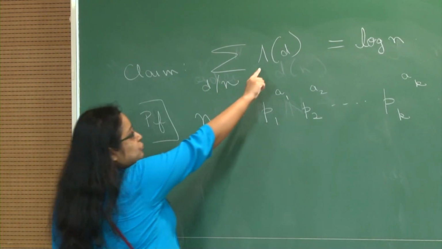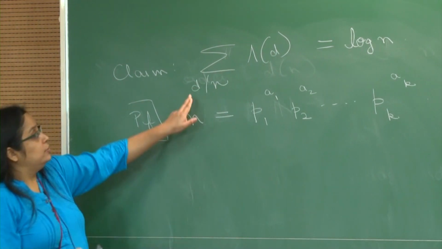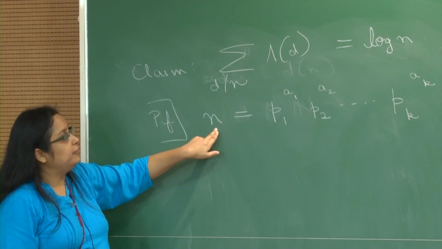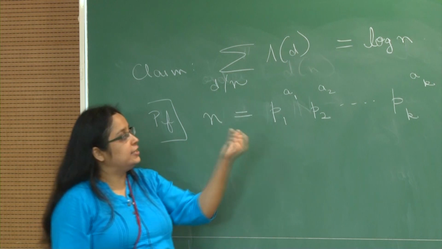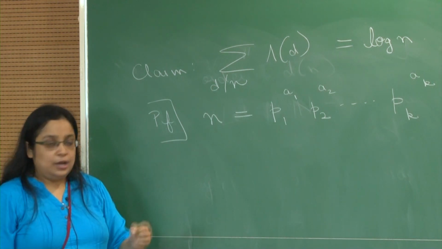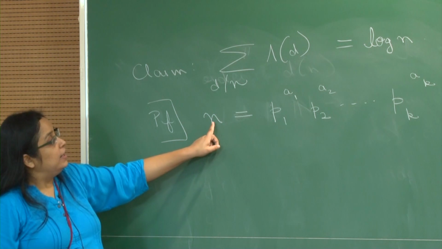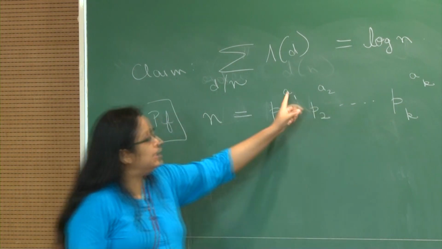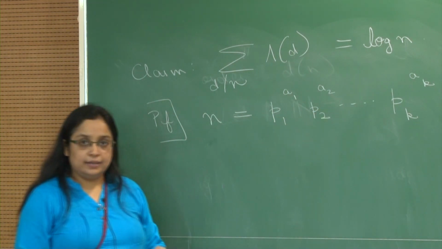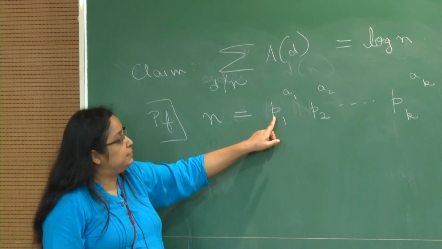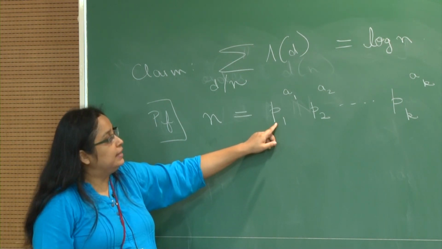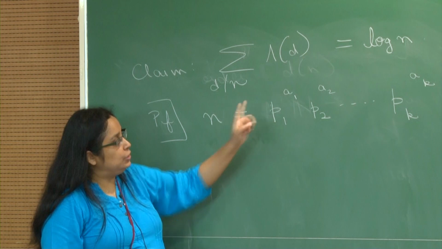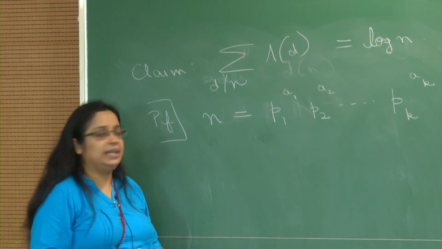Now, when you talk about lambda of d, suppose you have a divisor d of n. For which divisors of n will lambda of d actually pick up positive values? Only when d is of the form p raised to the a, where p is one of these primes and a is less than or equal to ai. For example, it will pick up a positive value log p1 at p1, and log p1 again at p1 squared, p1 cubed, p1 to the 4, all the way till p1 to the a1.